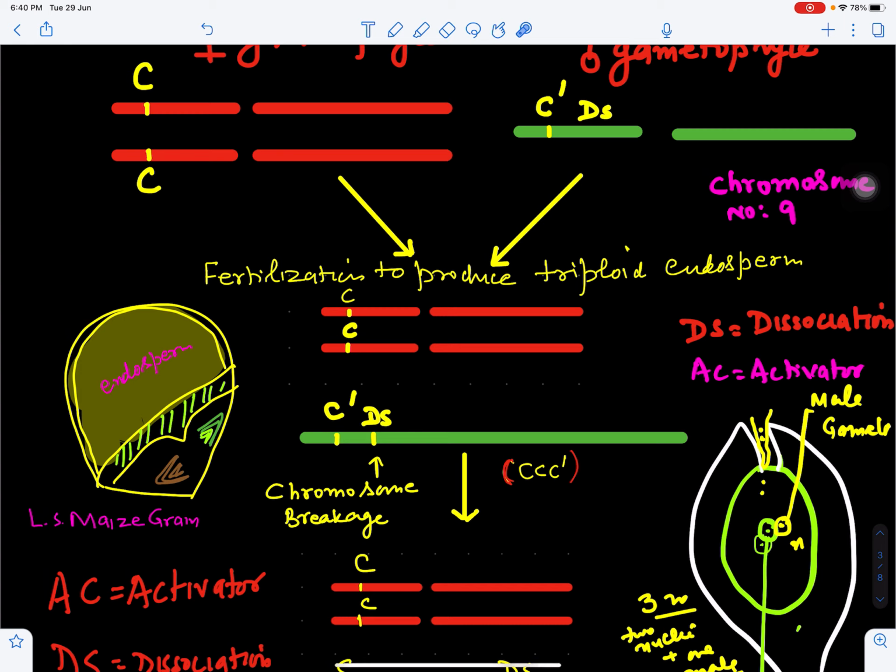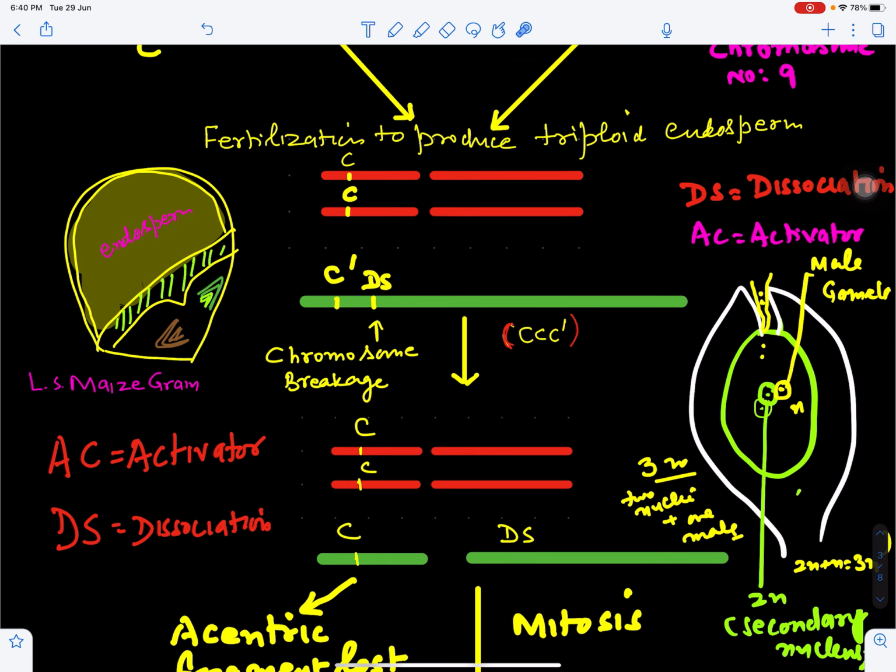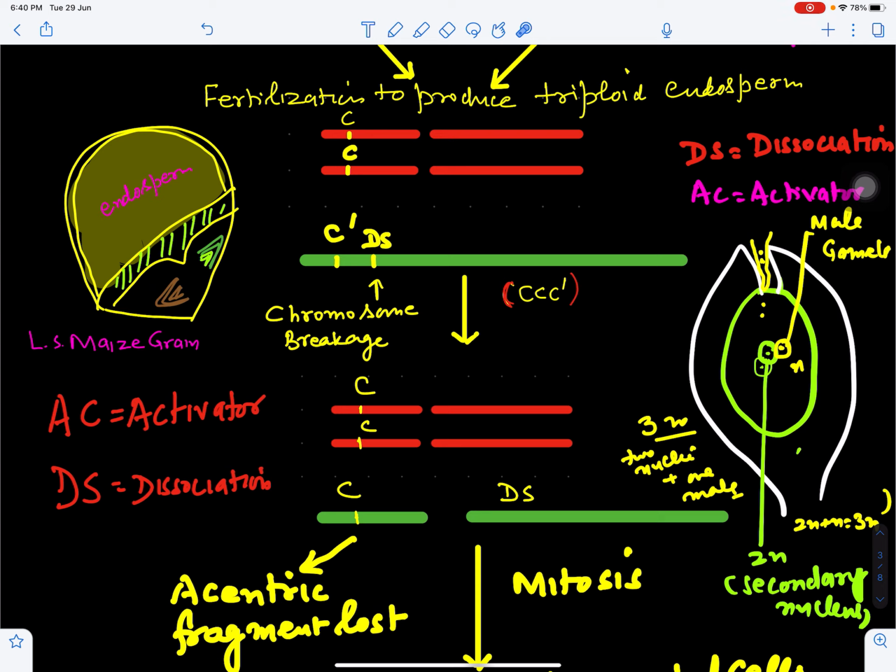Now after some time we'll see that a fragment of this chromosome has been broken up and this fragment will be lost. This is an acentric fragment, meaning it is without a centromere. It is called acentric because it doesn't have any centromere, so this will be lost. So we will be left with the CC genotype.